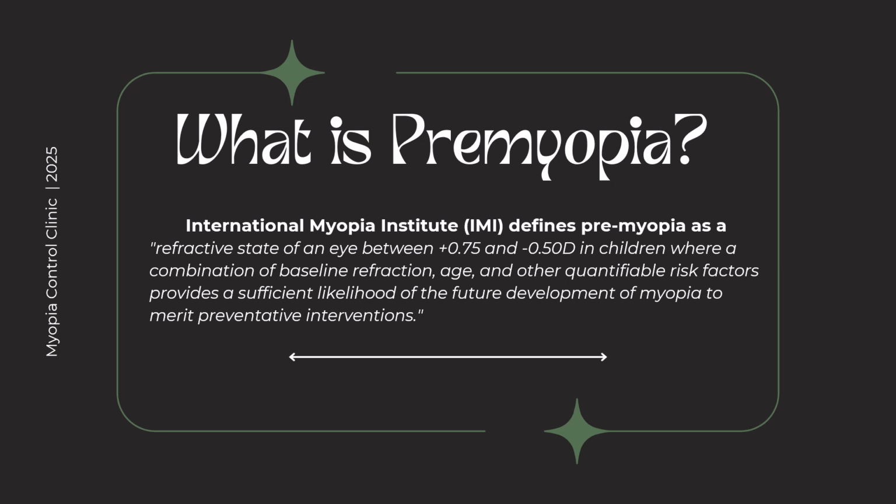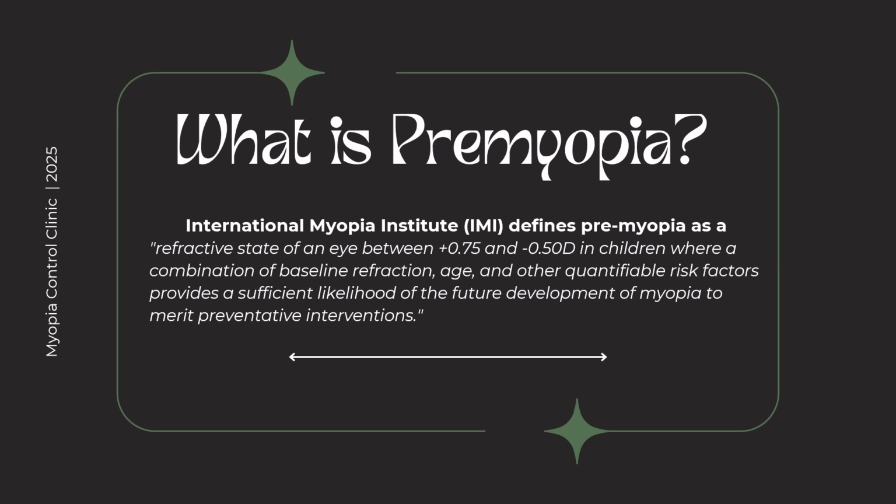And these children are obviously susceptible towards progression to myopia, and thereby would definitely need preventive interventions to stop the growth of the eyeball and to reduce the chances of developing myopia.